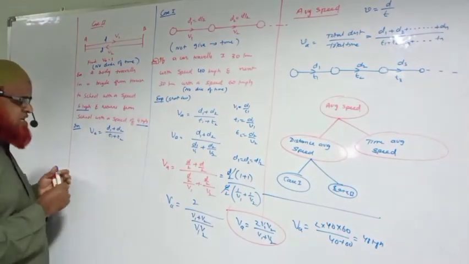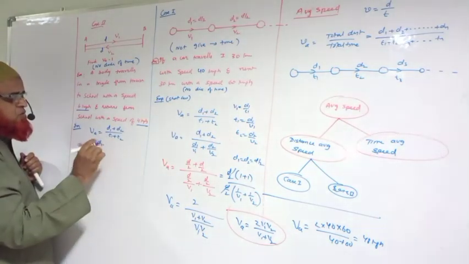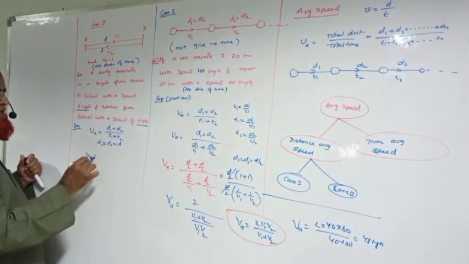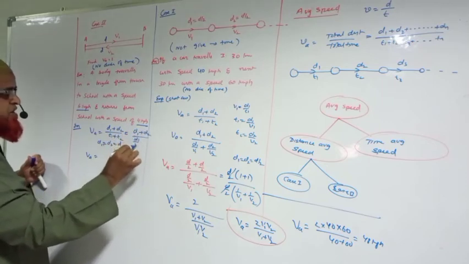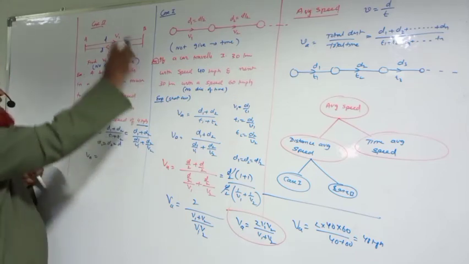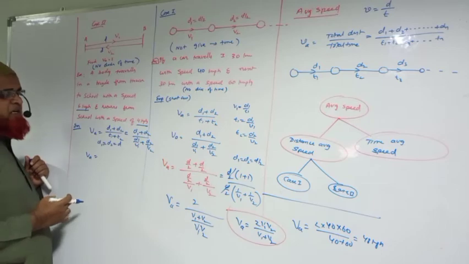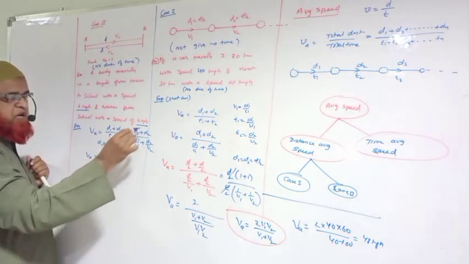So now let us see here what is going to happen here. You all know that d1 is equal to d2 is equal to d here. The same thing you will write now. First thing is you will write d1 plus d2 by d1 by v1 plus d2 by v2, because you have to replace times. As times are not present in the situation given in the problem, we need not take times here, so we can replace this one. So d1 and d2 can be taken as d here.